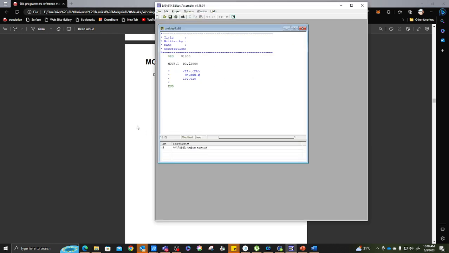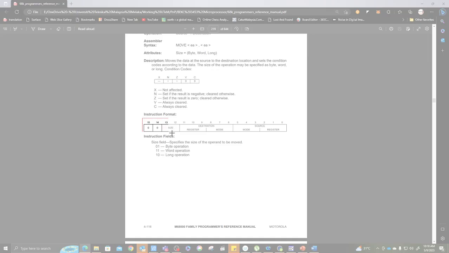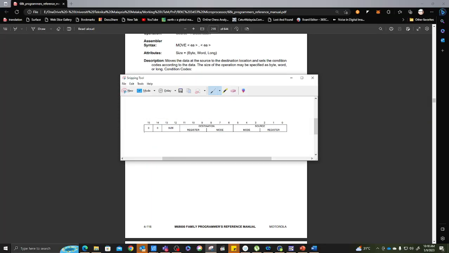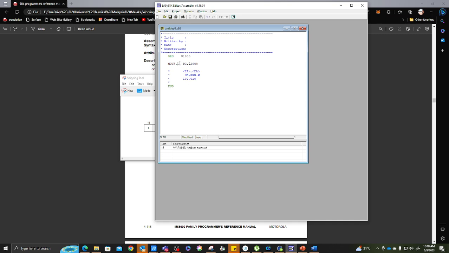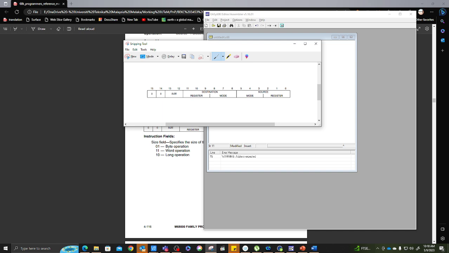So let's try to put the information here. Alright, the first two bits are 00. Size right now is .long. .long means you are using 10. So let's put the figure over here, 10.